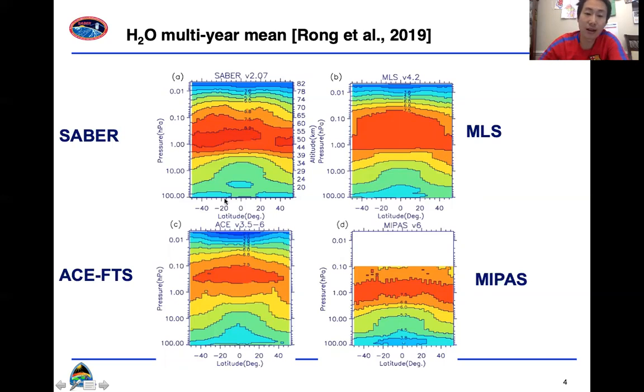We can see that the global distribution of water vapor observed by different satellites are very consistent. They reach the peak at about 1 hectopascal to 0.1 hectopascal.